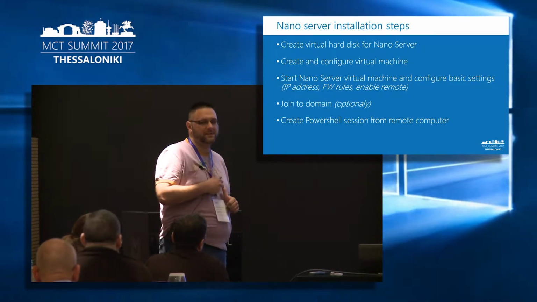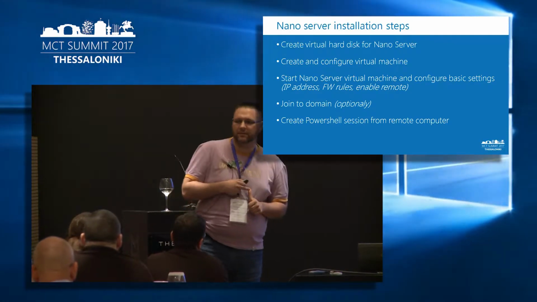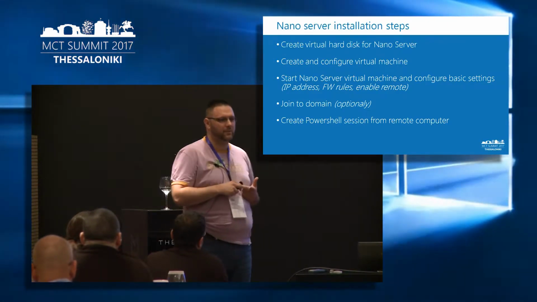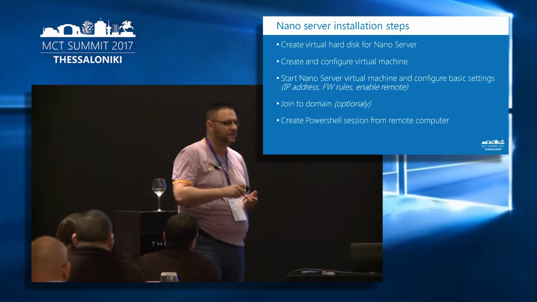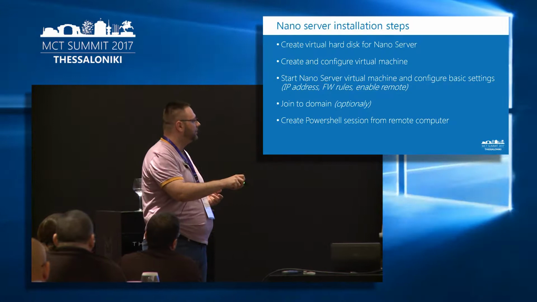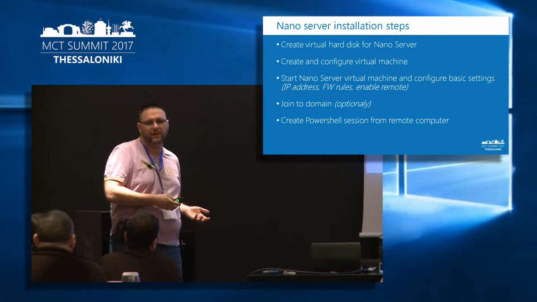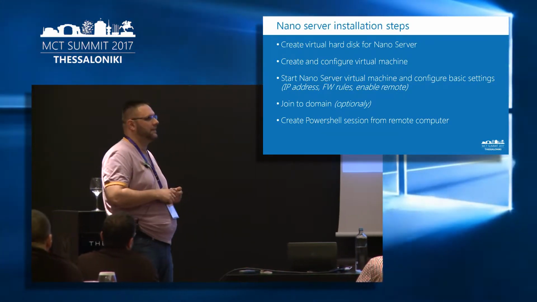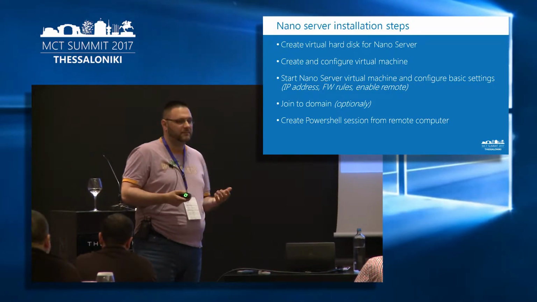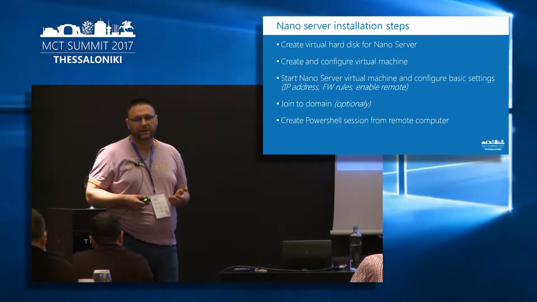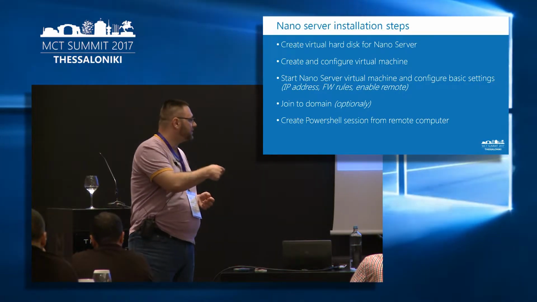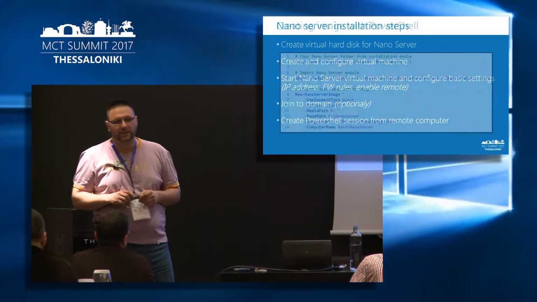In the first place, we need to create a virtual hard drive, VHDX, with Nano, configure the virtual machine, start the virtual machine, check settings, configure maybe the IP address, firewall rules and everything like that. Optional, we can join a domain or not, and create a PowerShell session from a remote computer.